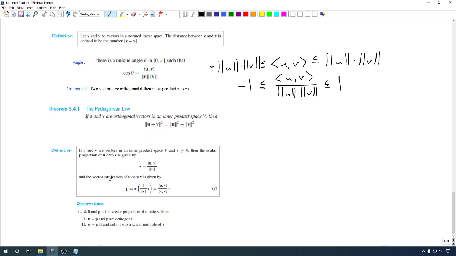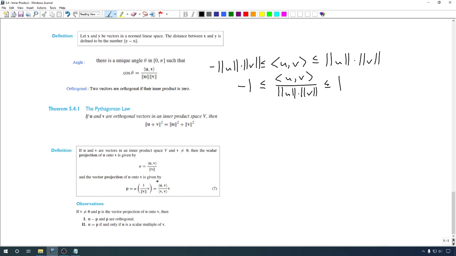Finally, we can talk about scalar and vector projections. The vector projection being the more important one of these two. And we're defining them to be the same formulas that we derived before. Before, we actually started with a geometrical idea and we derived formulas that fit that geometrical idea.